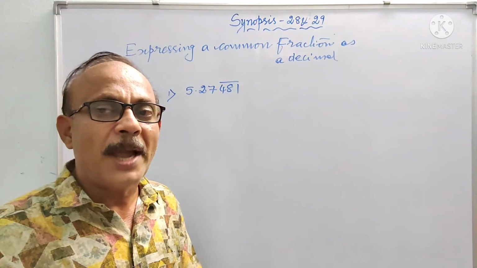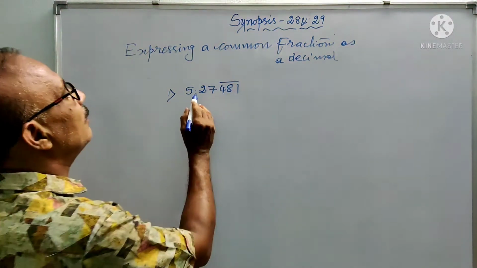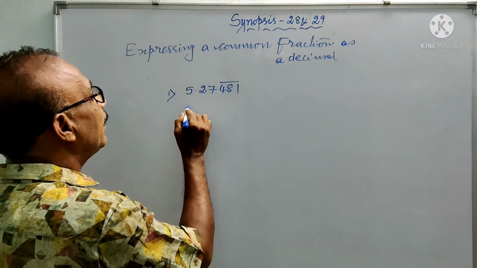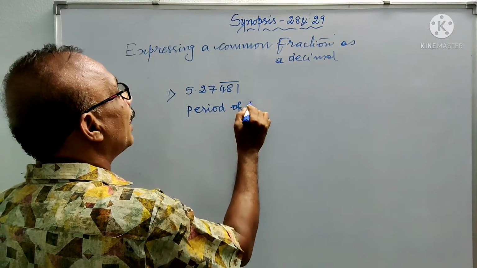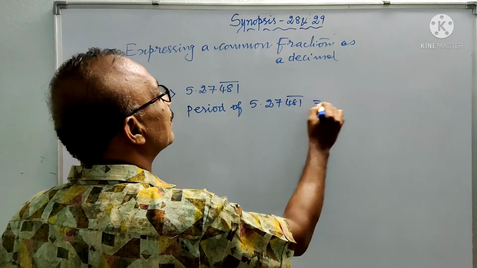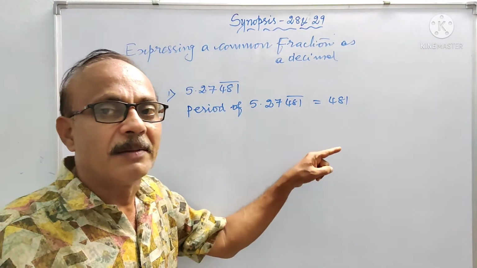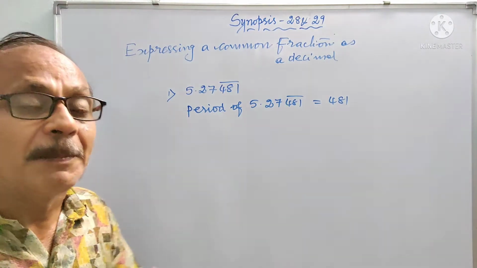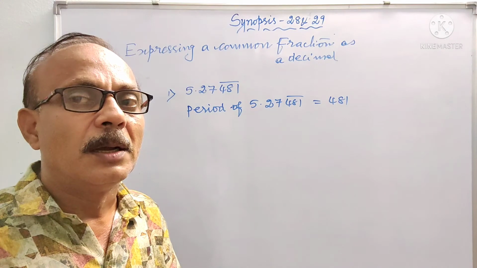After the decimal point, there is no rule that all the digits must repeat. Here, 27 is not repeating, only 481 is repeating. So, period of 5.27481 bar is equal to 481. Why? Because it is the part that is repeating. 27 is not repeating.